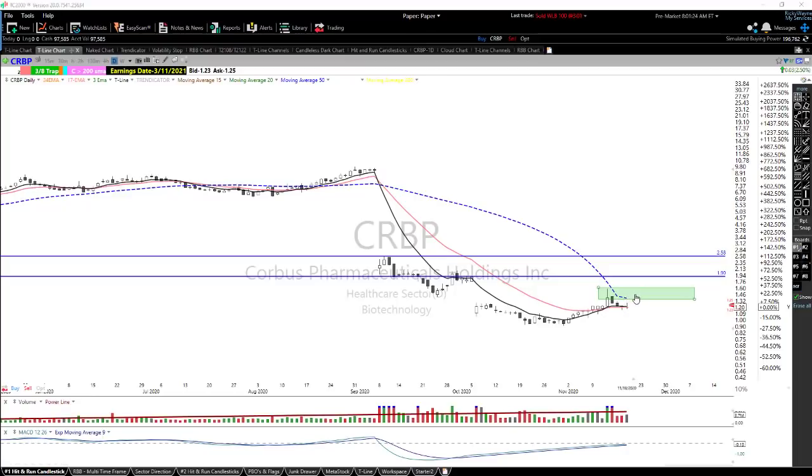So when it gets up into here, that's where I'm looking to purchase the stock, and then we'll look for that 190 target up there for about 25%, followed by 250, 260, that's about 65%.